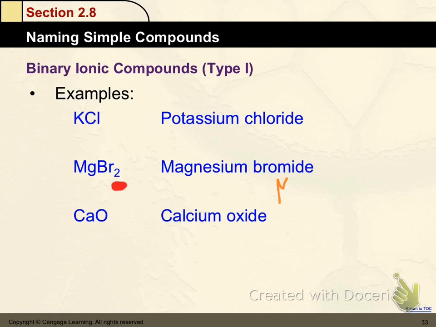Magnesium is an alkaline earth metal, so it has a 2+ charge. Bromine, being a halogen, has a 1 negative charge. So how do we know what they're going to form? We crisscross the charges to give magnesium bromide. You might be wondering why we crisscross the charges. Again, we'll cover that in class.